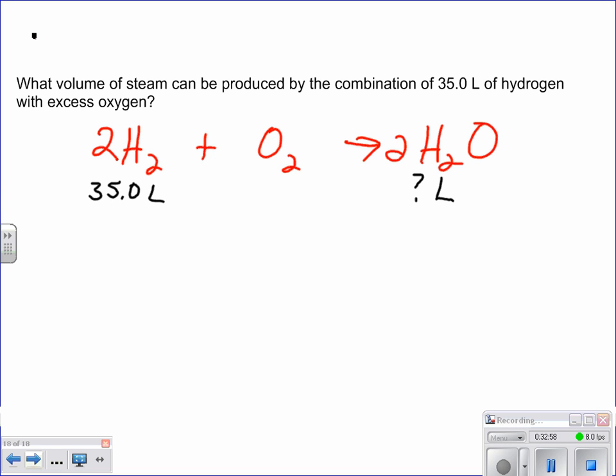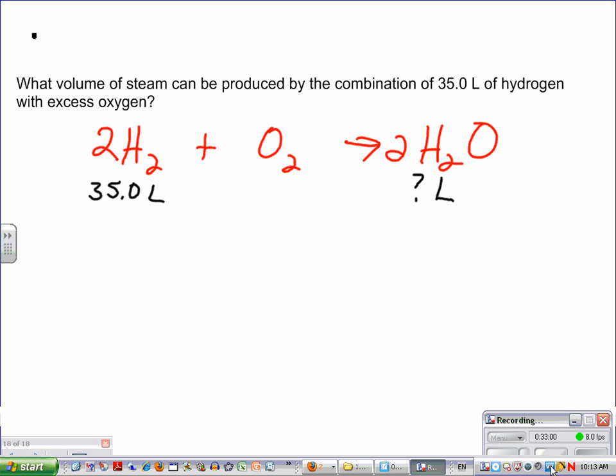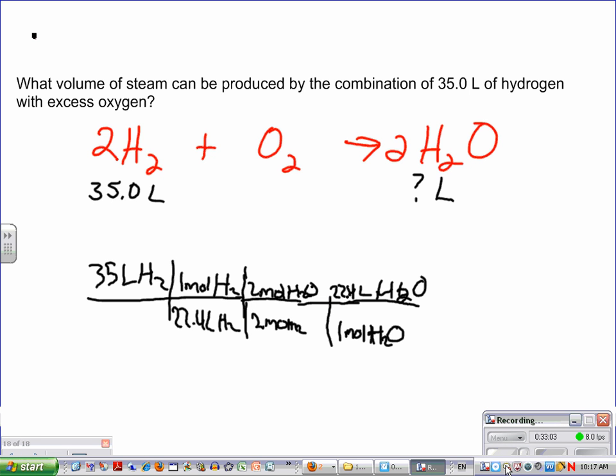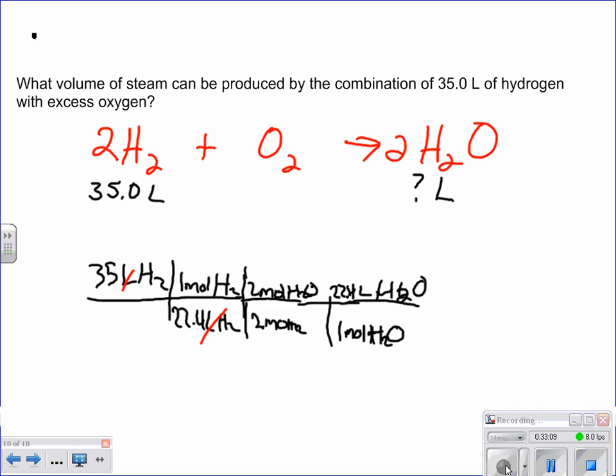And for this one, I'm going to choose somebody to do this. Okay, ta-da, it was done perfectly. So here we started with our liters of hydrogen gas, went to moles of hydrogen gas, got rid of moles of hydrogen gas, went to moles of water, got rid of moles of water, went to liters of water, which is what we wanted.